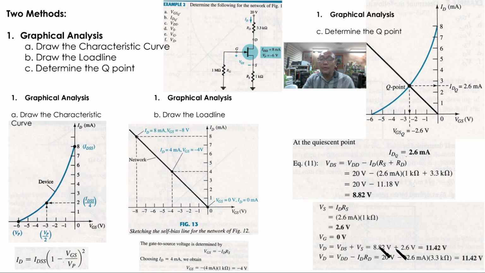Or, we can also use the double subscript. VDS is equal to VD minus VS, resulting in the equation VD is equal to VDS plus VS. VDS, we were able to solve a while ago, 8.82, plus VS, which is 2.6. That will also give us the same value, 11.42 volts. So that's how powerful our double subscript equation is.